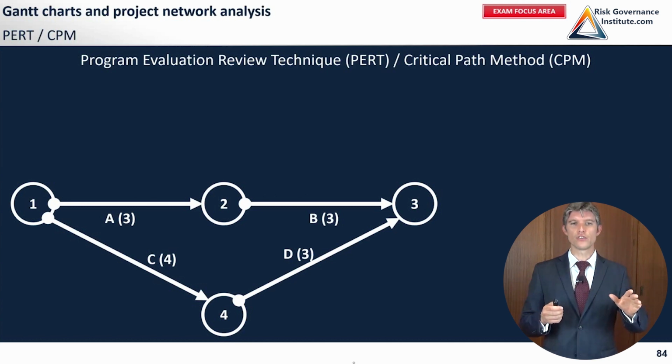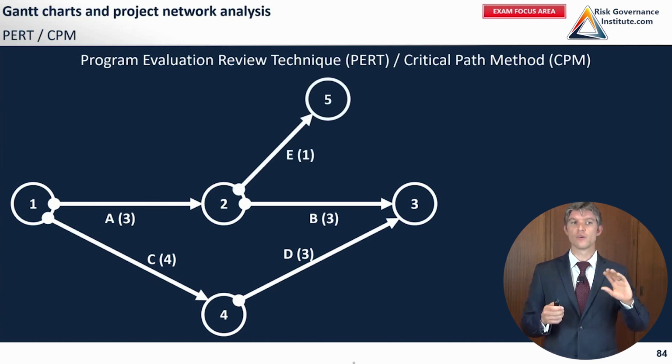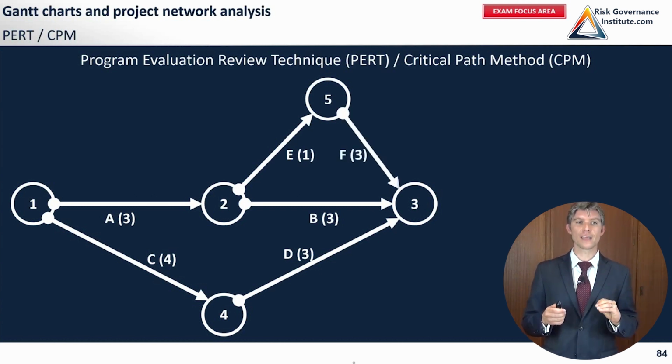From point 2, it's branching out into point 5. It's very short. It lasts 1 week. And finally, to get back to our final product of 3, we have F, duration F, which is going to take 3. Let me try to conceptualize that a little bit.